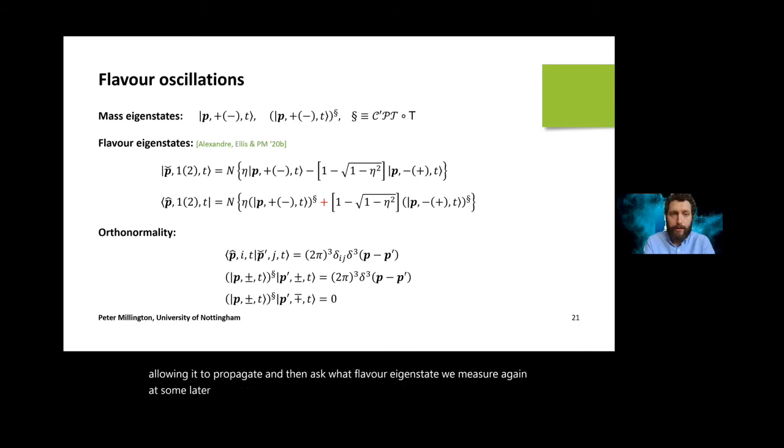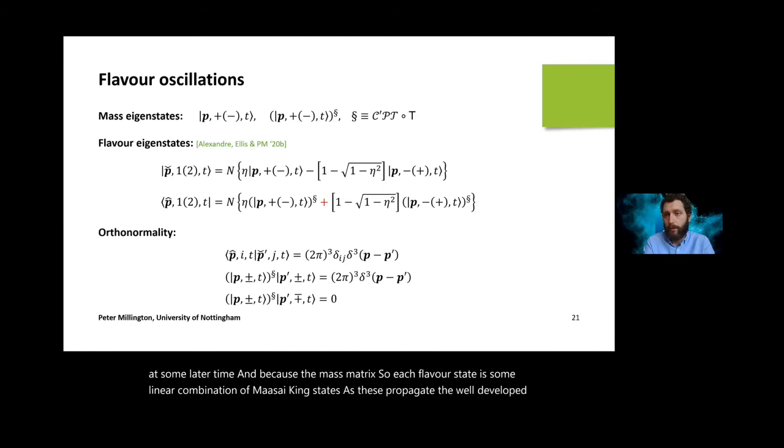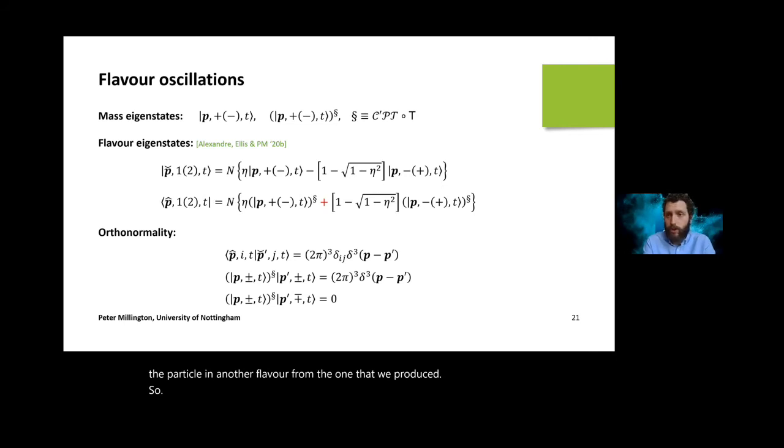Because each Flavour state is some linear combination of mass eigenstates, as these propagate, they'll develop relative phases such that once we make the measurement again, we can find the particle in another Flavour from the one that we produced. So all that technology now, in terms of these checked and hatted operators, we can write down what the consistent conjugate states are in the Flavour basis, and we can write those down in terms of the mass eigenstates.